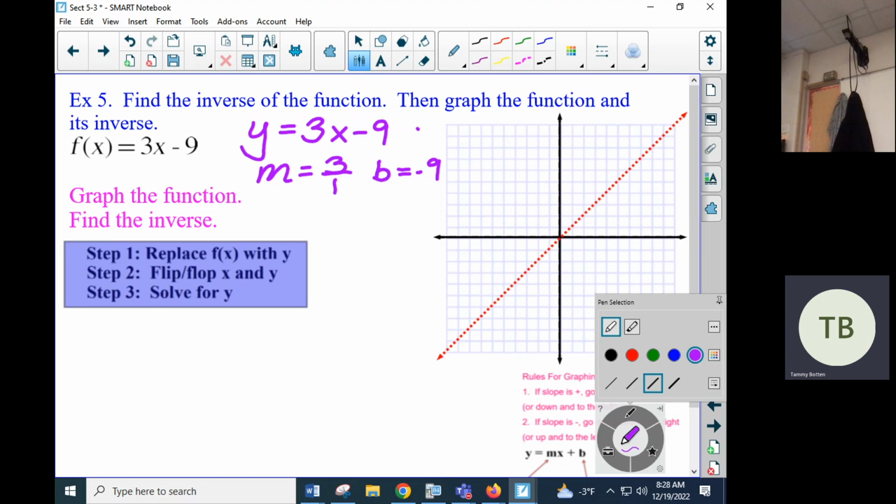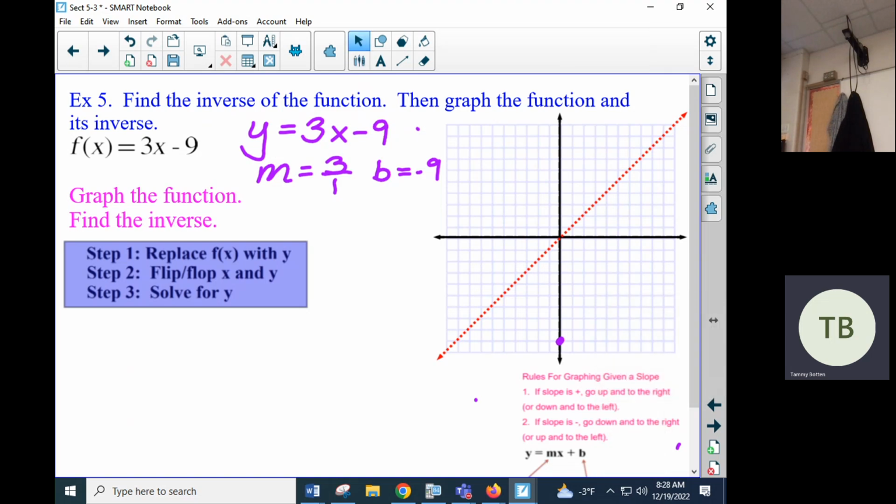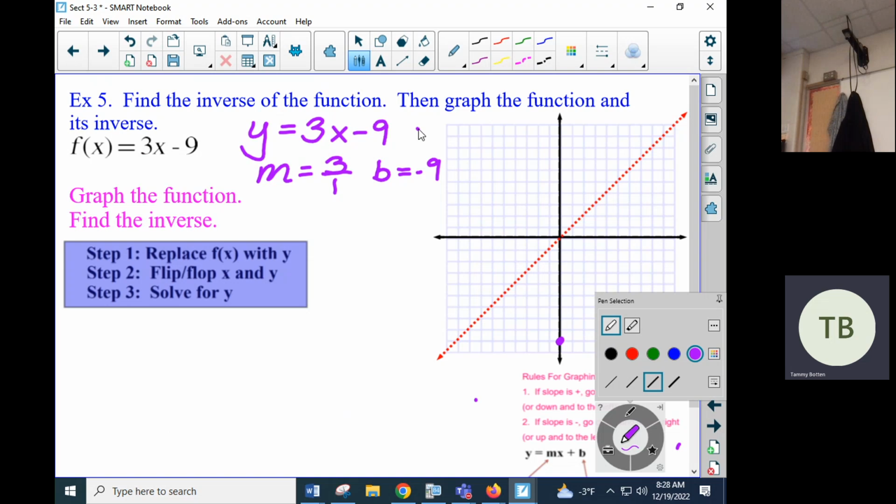So if I go down to -9, my slope is going to be up 3/1, up 3/1, up 3/1. And if I keep doing that, this line is going to look like this.